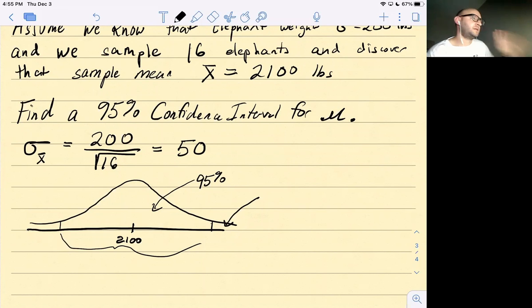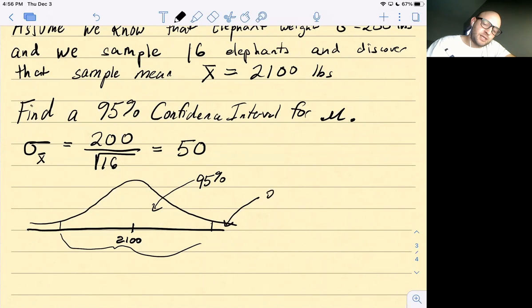But the simple way of thinking of it is just create a bell curve and use that sigma, which is going to be 200 over 4. So using that sigma and using 2100 as the middle of the bell curve, figure out what the threshold is so that you capture 95% of the data in your interval.